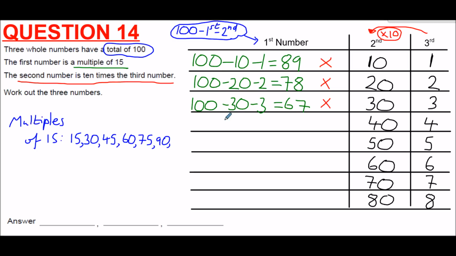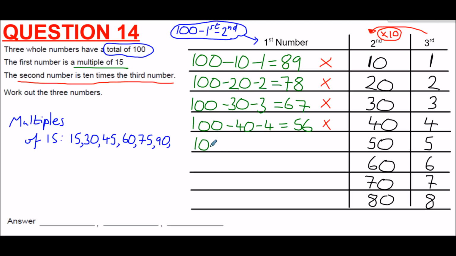Maybe it's this one here. So if the second number was 40 and the third number was 4, that means the first number would have to be 56, so that all the numbers add up to 100 like they need to. So that would work, but yet again, 56 isn't a multiple of 15, so no luck so far. But just stick with it, keep going.